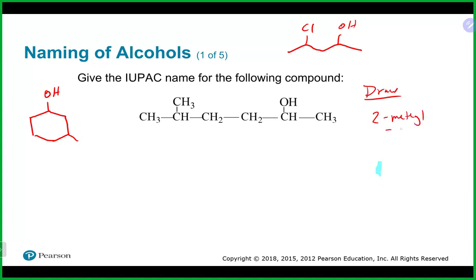Let's go underneath it. 4. Let's go hexanol. Try that. Why don't you draw cyclopropanol? All right, so give some names on the left, draw some things on the right. We'll hope for the best on all that.